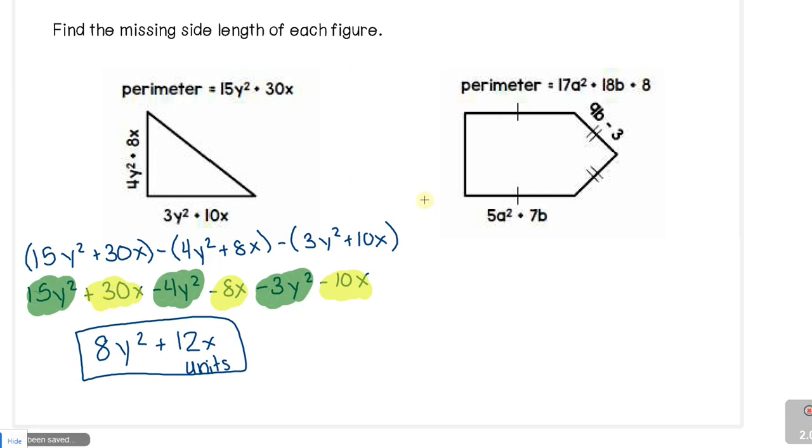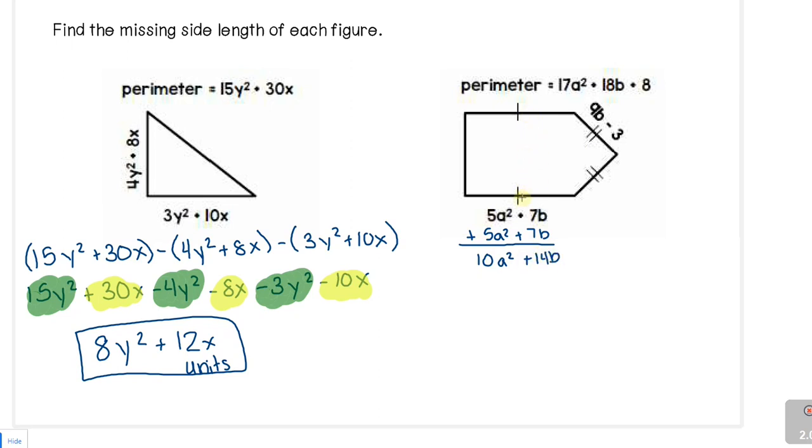So here we need to find our missing side length right here. So this 5a squared plus 7b, it's the same length over here. So let's go on and add the same thing together to find the total length there. So we get 10a squared plus 14b.